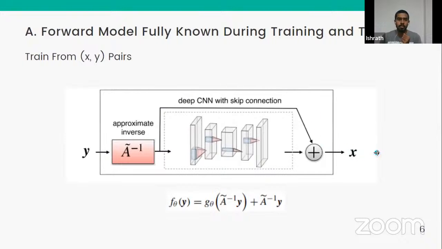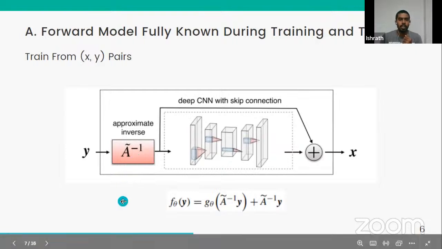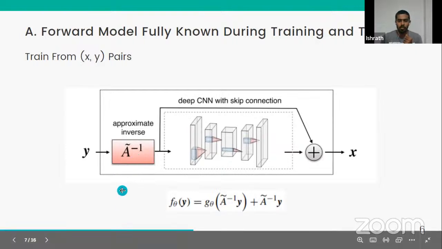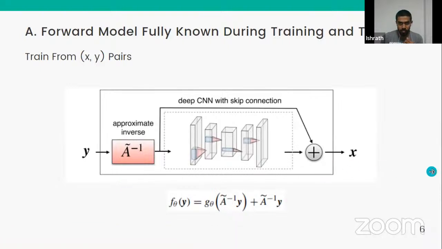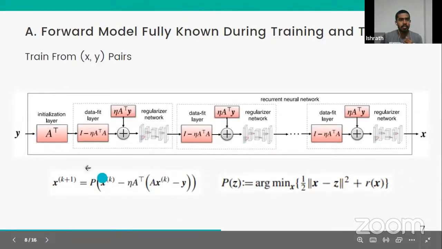But the problem is that this model relies heavily on the forward model, the forward process. So if in some case we need to change the forward model, then we have to retrain the whole network from scratch, from the beginning again. That is going to be the case for this architecture also.